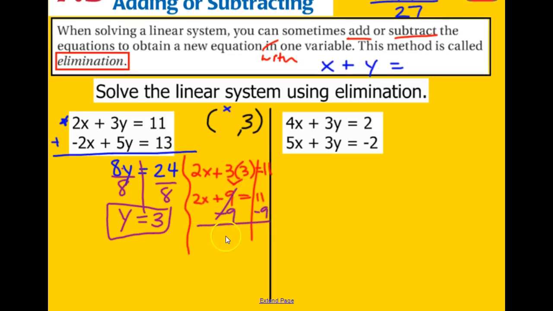Those eliminate. We get 2x equal to, well, 11 minus 9 is 2. And then divide by 2. We get x equals 1. So we have 1 comma 3, x and y. So we got this answer by adding our two equations together.